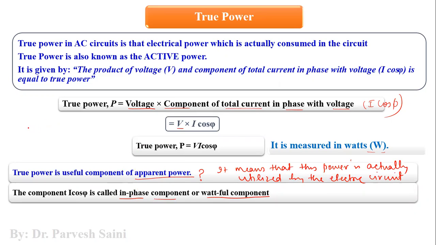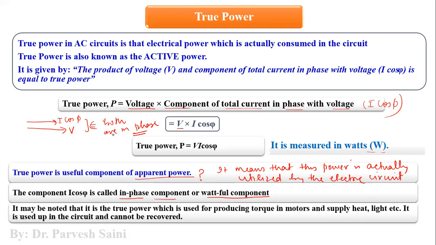Okay, so you can draw it in terms of phasor also. If this is V, then your I cos phi is this one. So both are in phase. Now, as I mentioned earlier also, this power is actually responsible for the torque in motor, supply heat, light, etc. So whichever electrical appliance is working, that is working because of the true power.